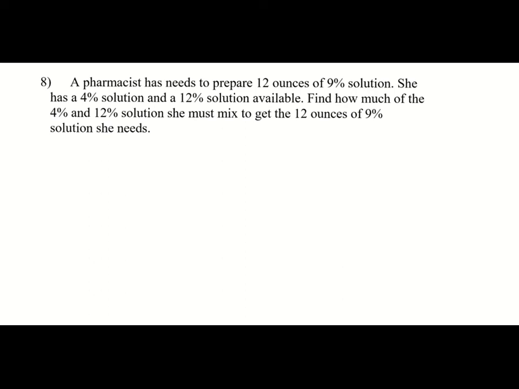So our X and Y are going to be the solutions that we have. So X will represent the 4% solution. And again, we're figuring out the amount. And Y will represent the 12% solution.